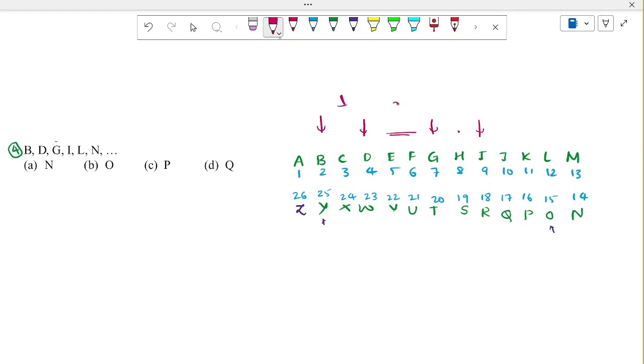Here there is one gap, two gap, again one, and then two gaps, and then again one, and N they have written. After this, we have got two gap, and then Q. So the answer of this is what? Option D, Q. Fine.